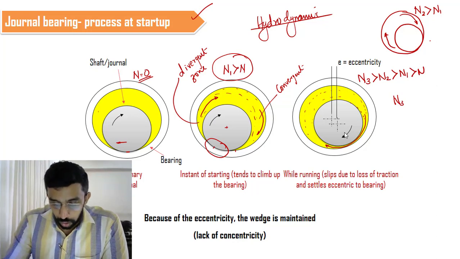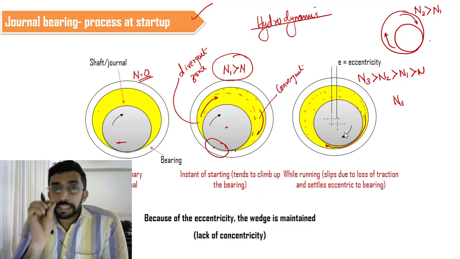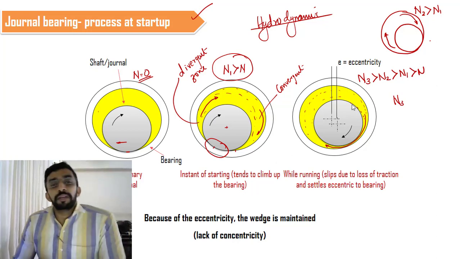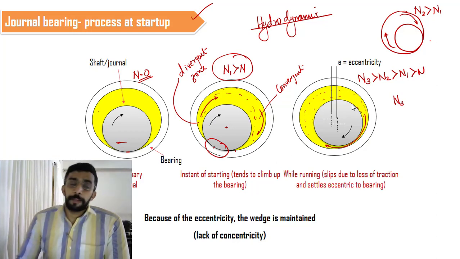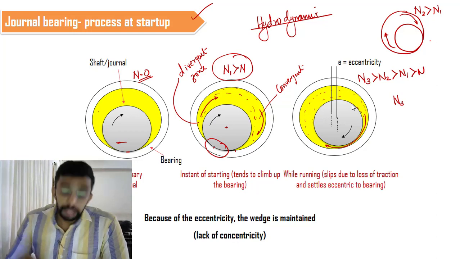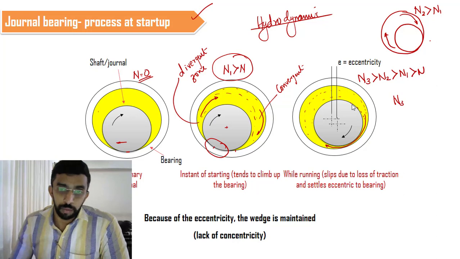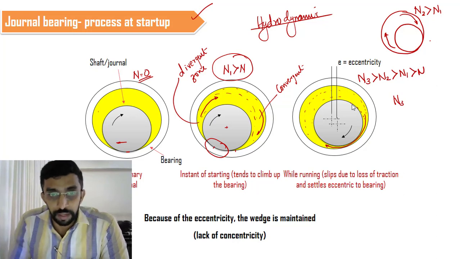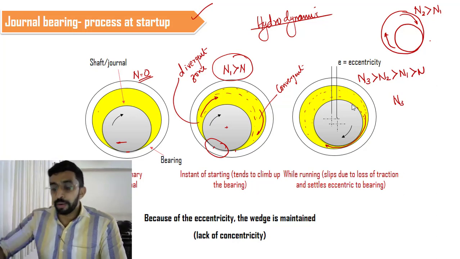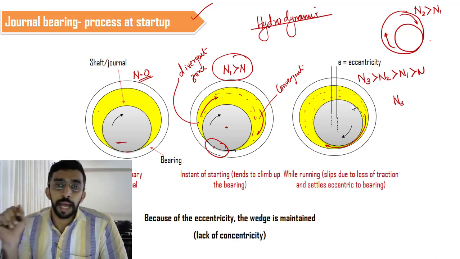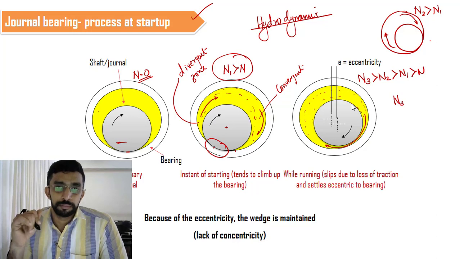Okay, now that's how a thin film of lubricant develops between the shaft or the journal and the bearing. So it's a very thin film of lubrication. It's not in the range of mm, it's in the range of microns. A film of lubrication has developed by the hydrodynamic action of the bearing. So it is called the hydrodynamic bearing.